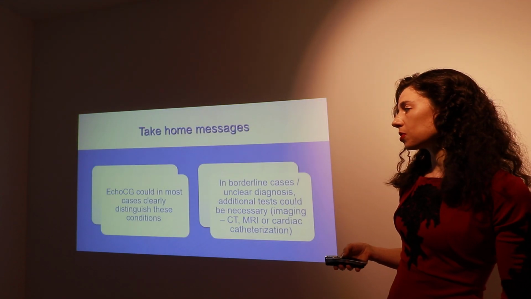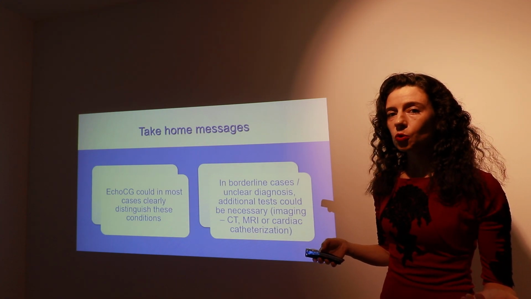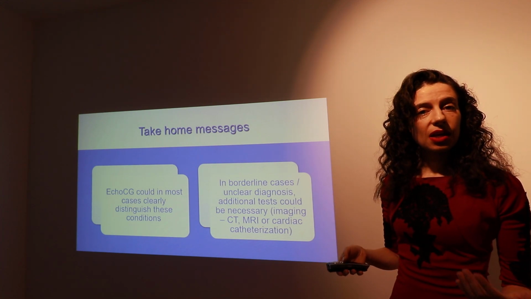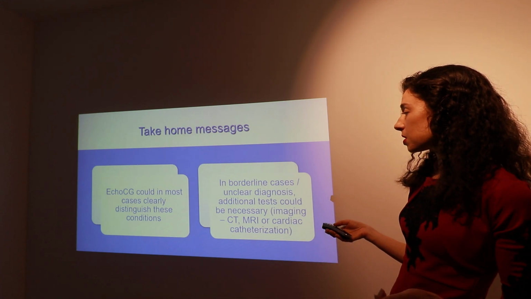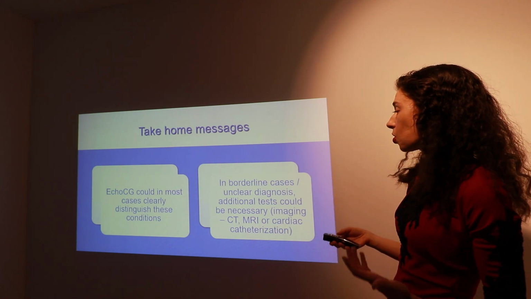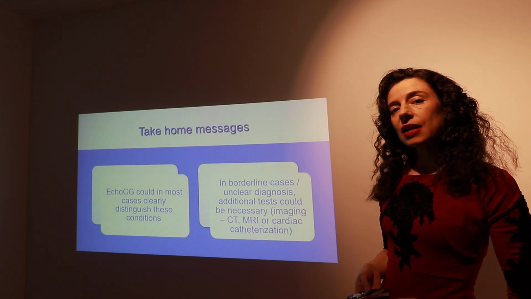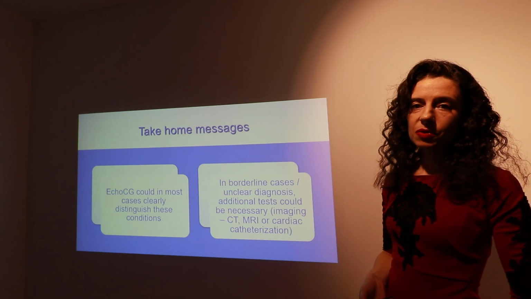Usually, echo could in most cases clearly distinguish between these two conditions. However, in some borderline cases or in cases with unclear diagnosis, additional tests could also be necessary, such as imaging methods like CT or MRI, or even cardiac catheterization.